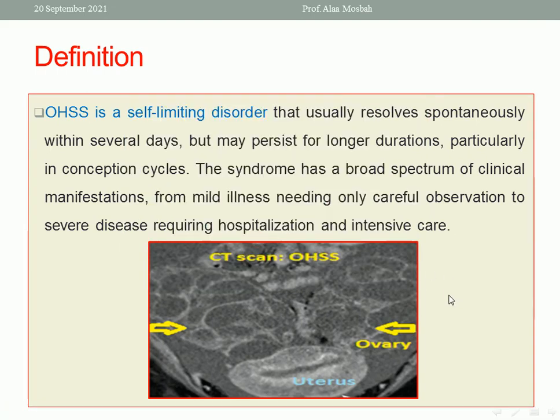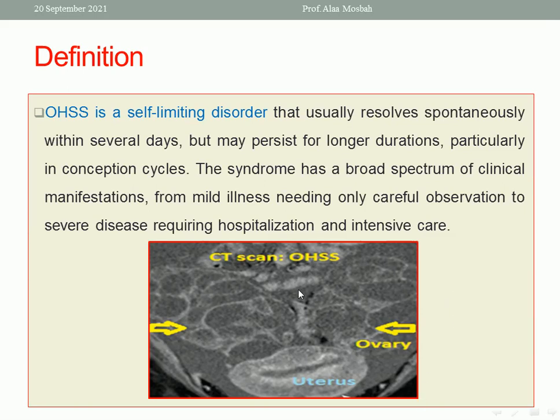The syndrome has a broad spectrum of clinical manifestations, from mild illness needing only careful observation and some medications, to severe disease requiring hospitalization and maybe ICU admission.